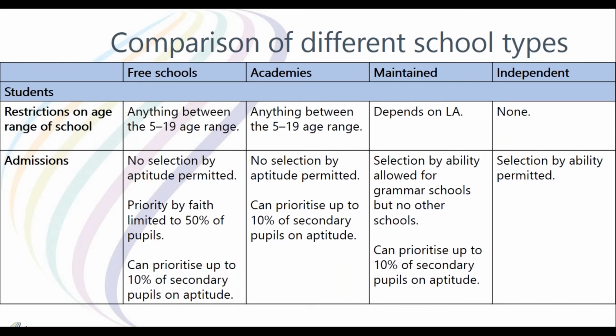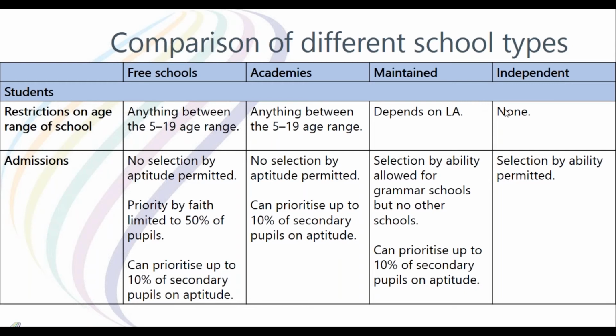Admissions, and this was one of the key drivers for many schools wanting the additional flexibility around admissions when moving to academy status. You'll see free schools and academies, no selection by aptitude is permitted.